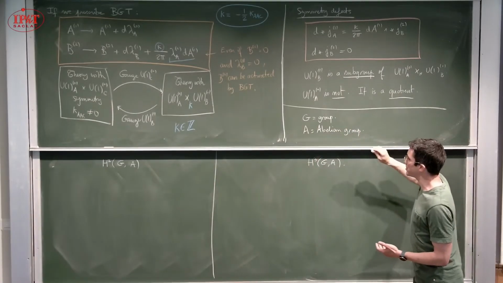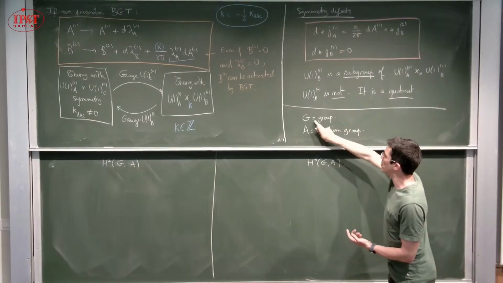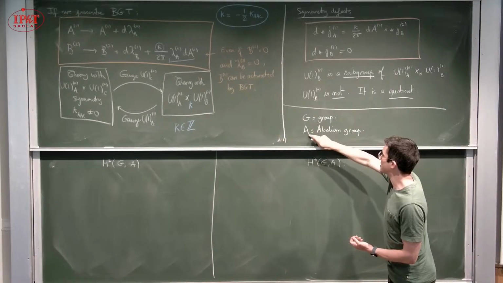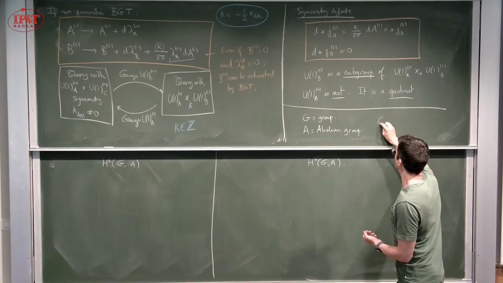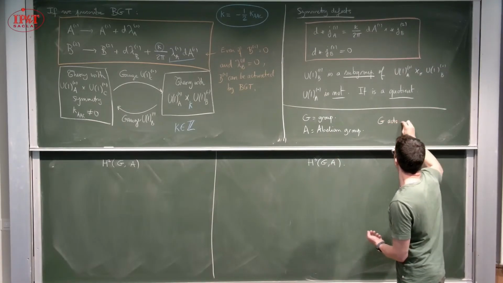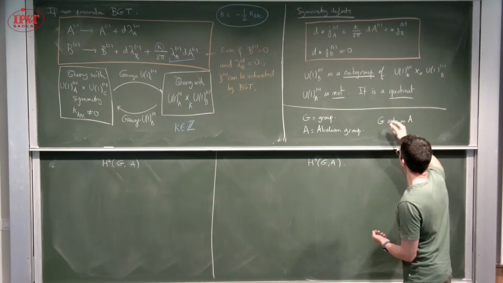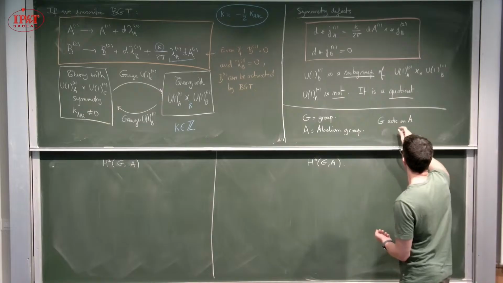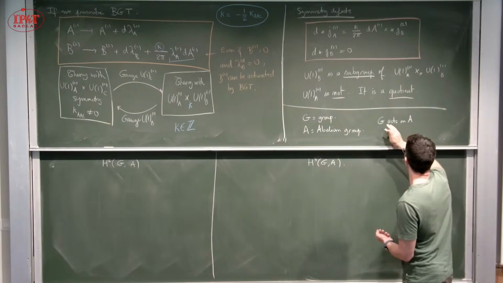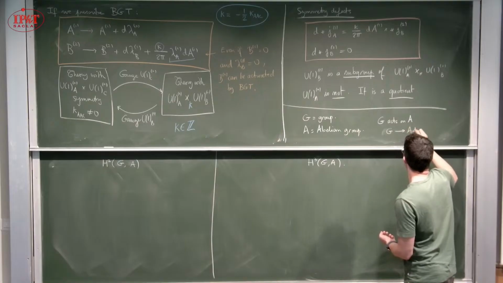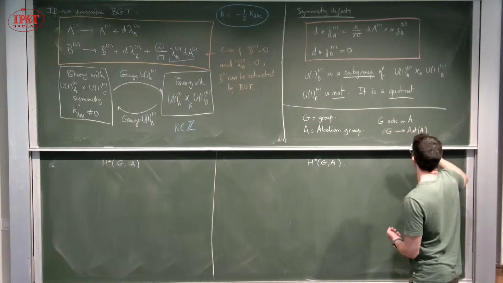And let's also assume that the group G maybe acts on A. What does it mean? It means that there is an action, so there is a homomorphism from G to the automorphisms of A.